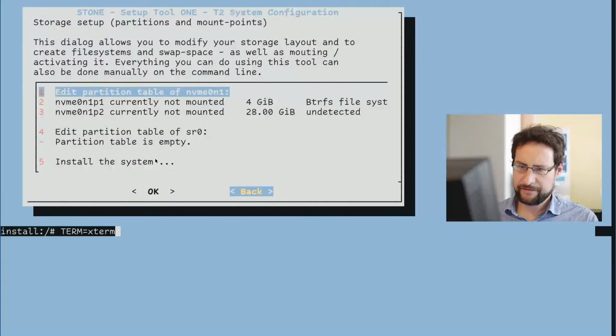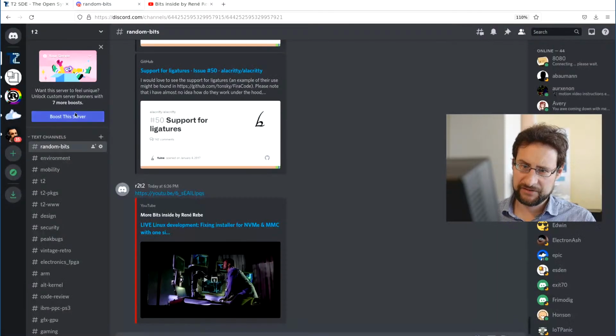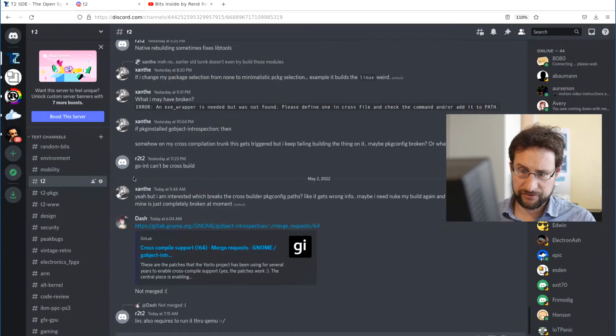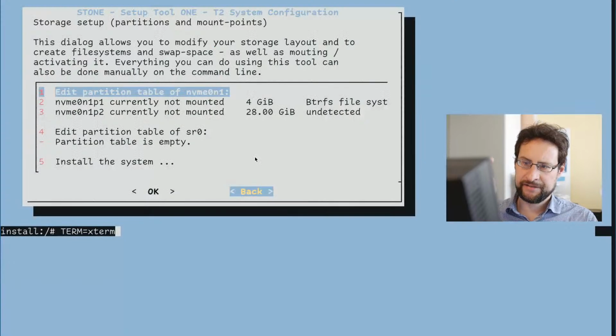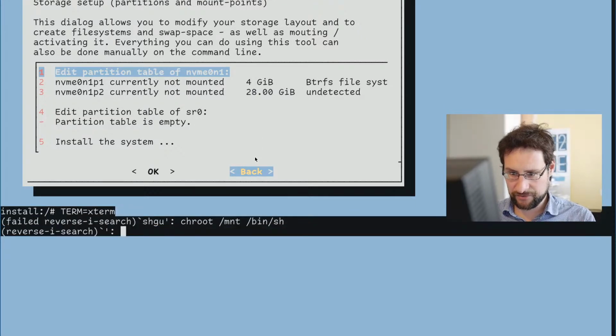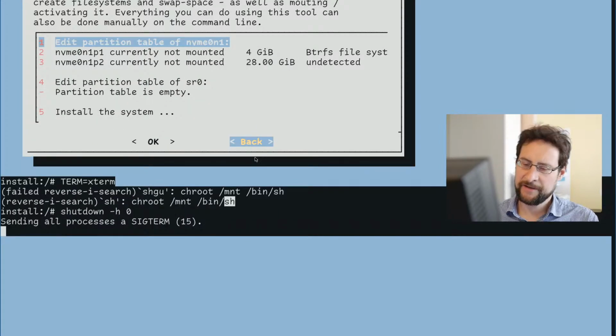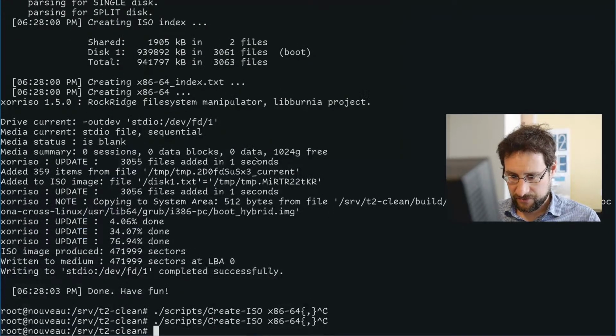But for today, NVMe, and with this also MMC. The irony is, just the other day on our Discord, people discussed this here on T2, and both came up like the same day, not sure if it's related, but we can test this. I also added shutdown, so you can just reverse, did I not, yeah, there it is. Not that it would be that important, actually, wait a second, we could do one more thing.